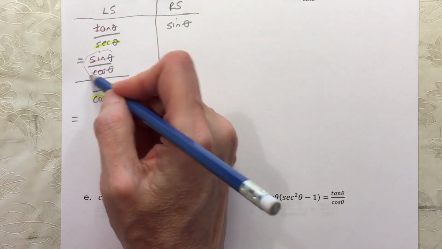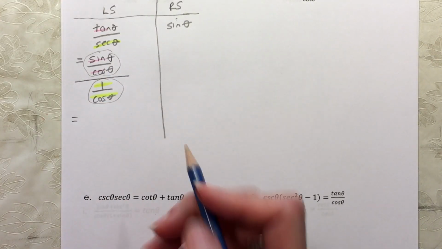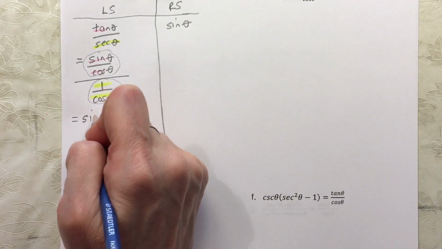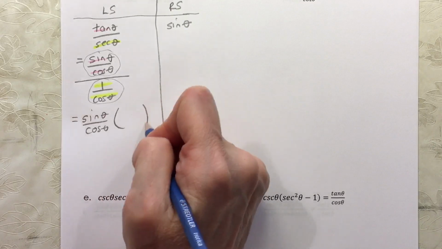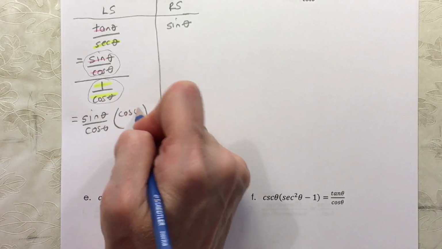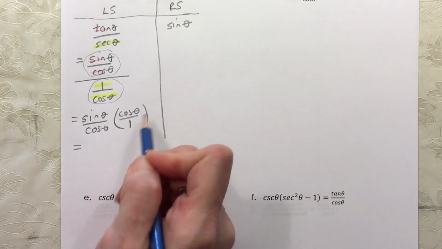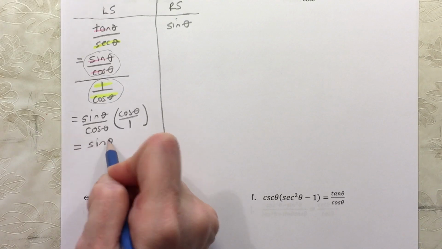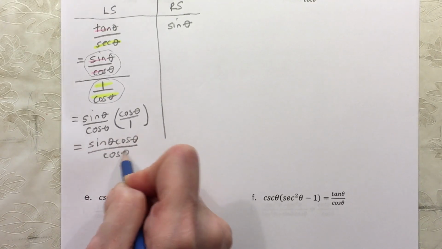So now I've got a fraction divided by a fraction. So I know the rule for dividing fractions is you keep the first fraction the same and multiply by the reciprocal of the second one. So I'm going to flip that upside down. And then equal sign, so I'm going to multiply top by top, bottom by bottom.